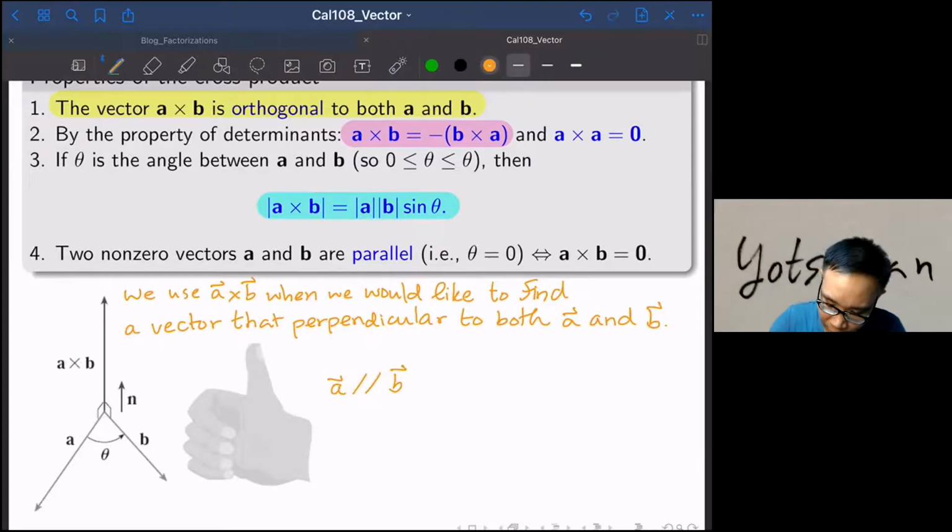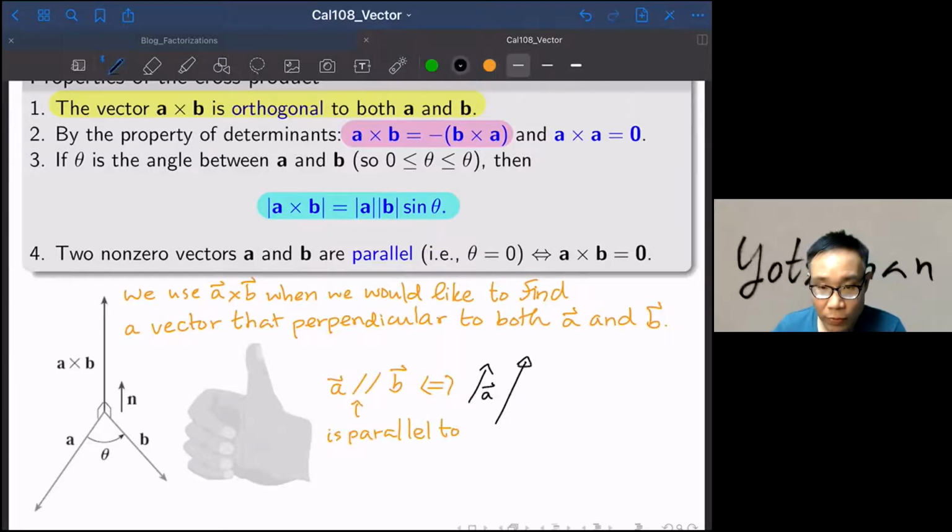So it means A is parallel to B. It means that A and B are in the same direction. So you have vector A and you have vector B, like this, or you have B in the opposite direction. They can be parallel in this way. If you consider them as straight lines, they are basically called parallel.